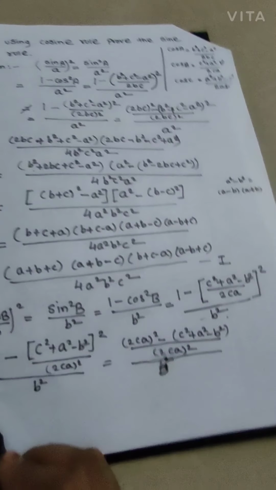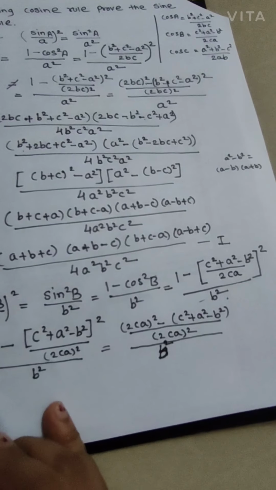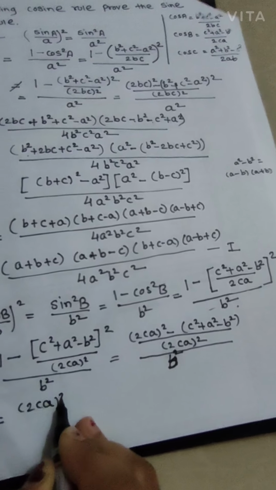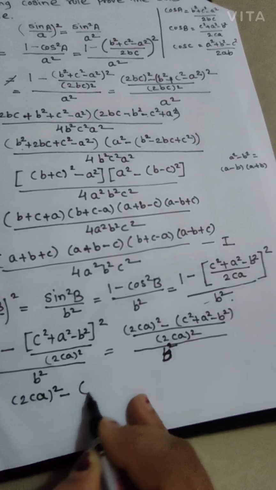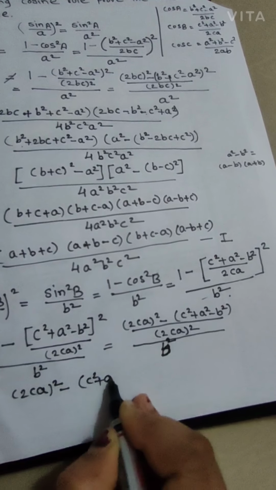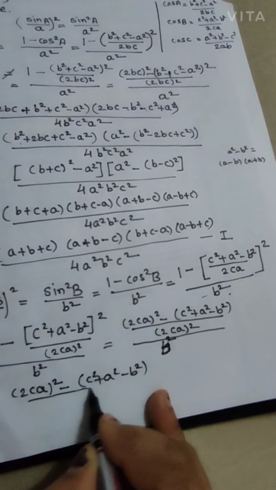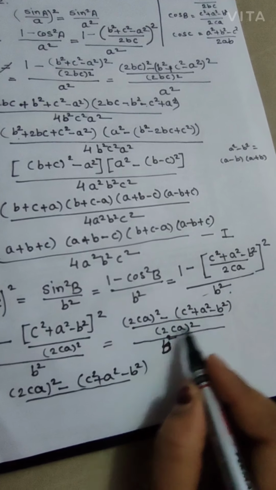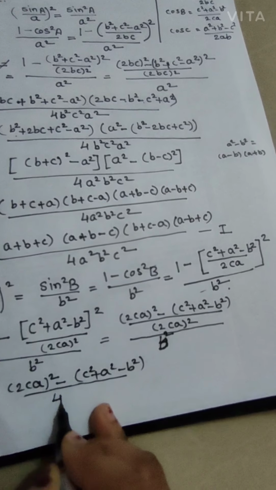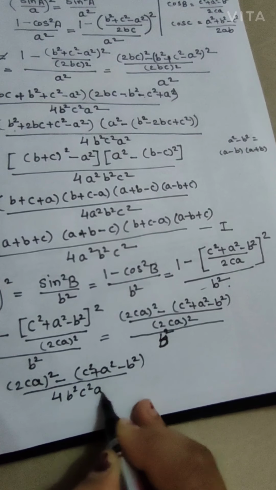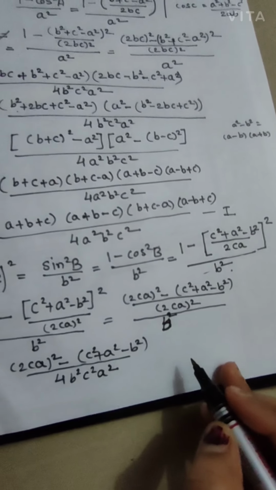Now how to solve this? (2ca) whole square minus (c square plus a square minus b square) whole square upon this one, 2 square getting 4, b square, c square, a square.